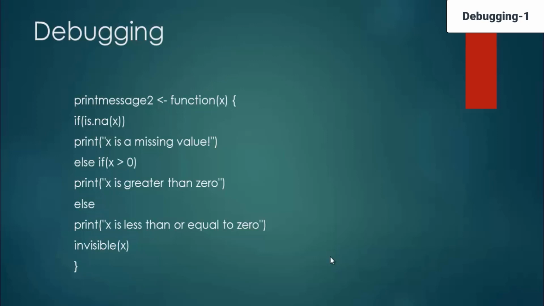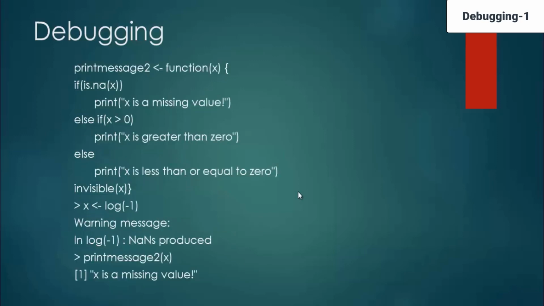Print message 2 is a function, and it considers if the variable x is a missing value. If x greater than 0, we can print x greater than 0, and if x is less than or equal to 0, you can print that, and there is a condition for when x is a missing value also.